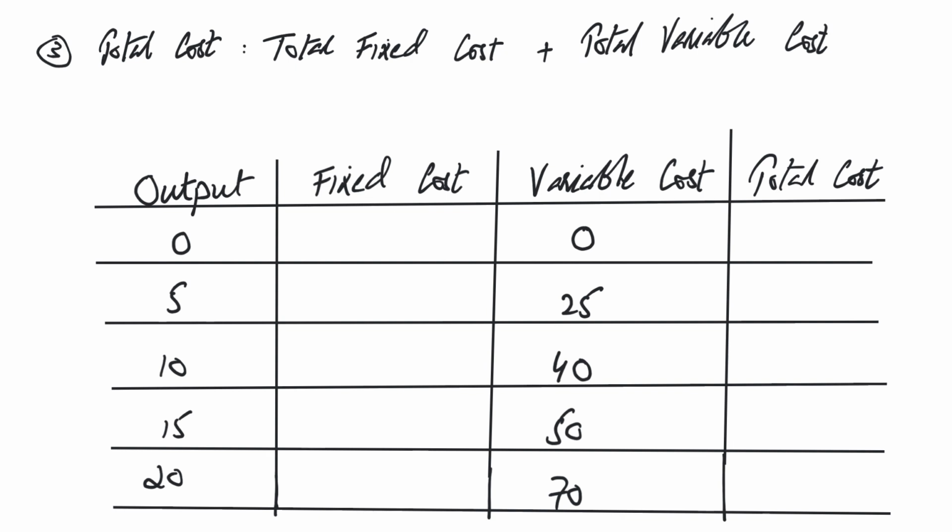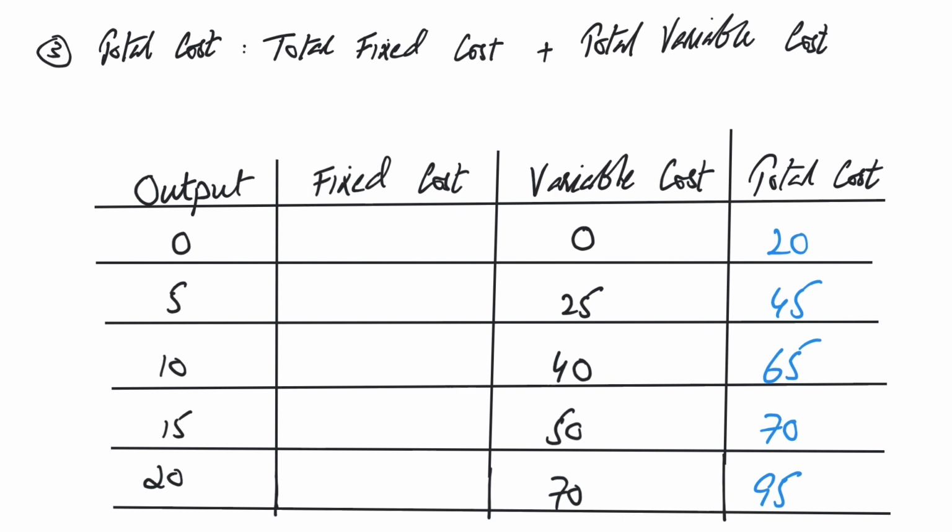And we've been given some total costs, like, say, 20, 45, 65, 70, 95.